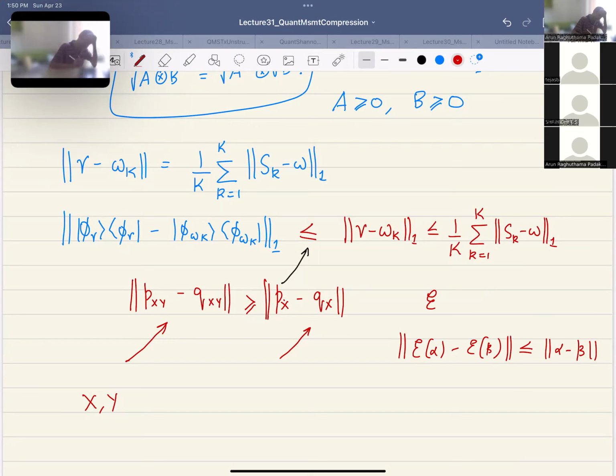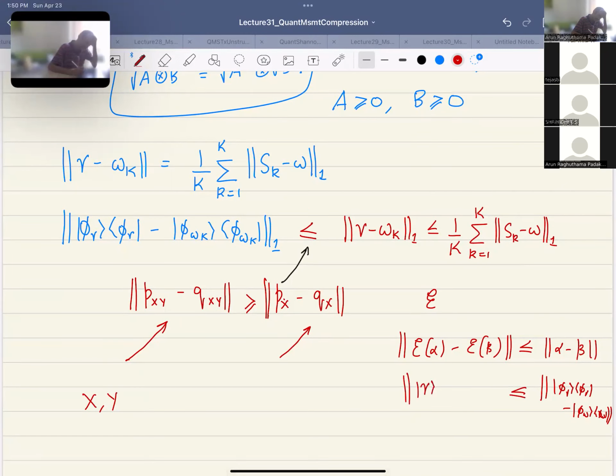So if I take a pure state, phi gamma minus phi omega, and I do the partial trace, that means I will be going down. So this is going to be gamma minus omega. So that means it is this way.